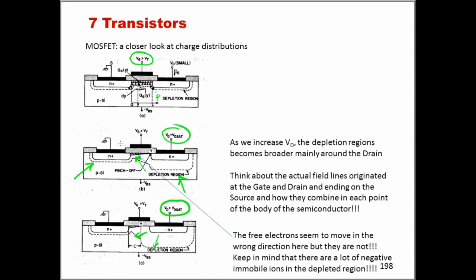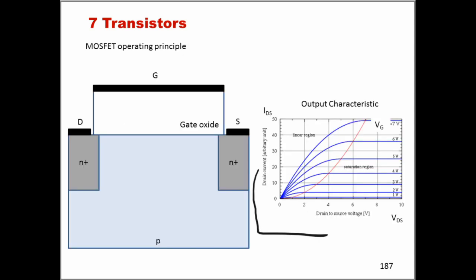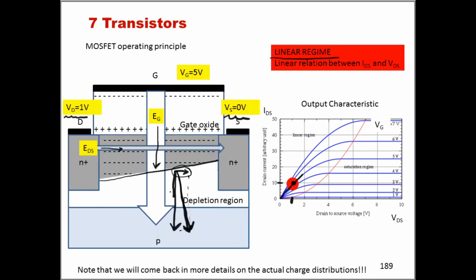This is in contradiction, if you like, to what we had said at the very beginning when we were qualitatively looking at the operation of the MOSFET transistor, on this slide here.